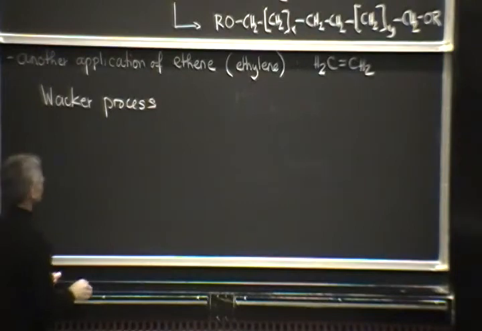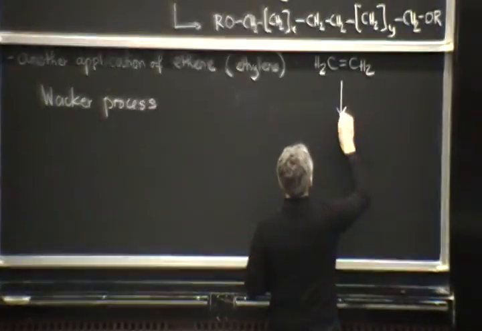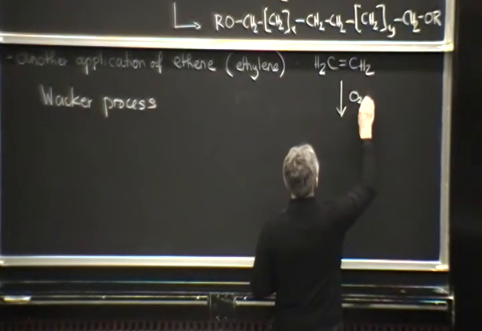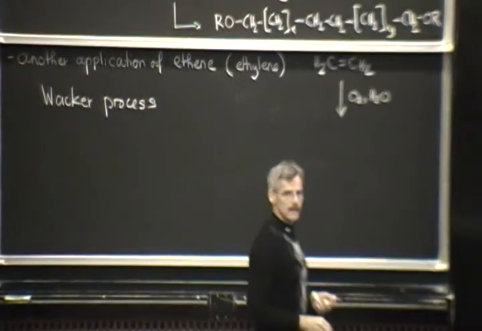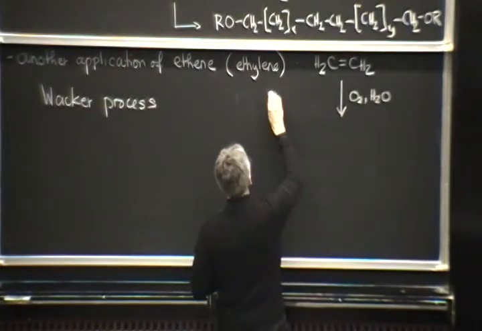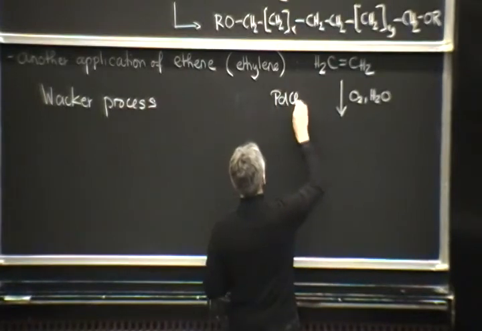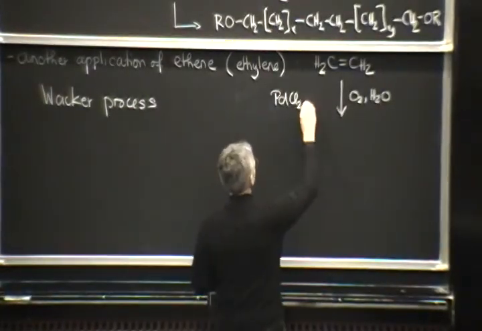And this involves the use of ethylene in a system that contains dioxygen as well as water and two catalysts. So we now have a combination of a palladium salt, usually palladium chloride, together with a copper salt.